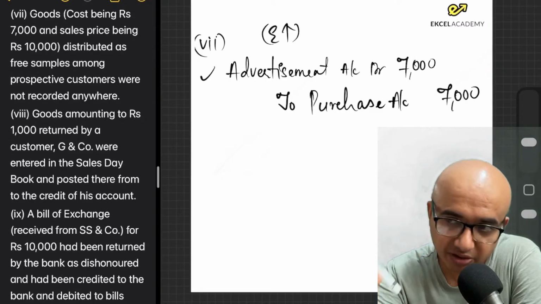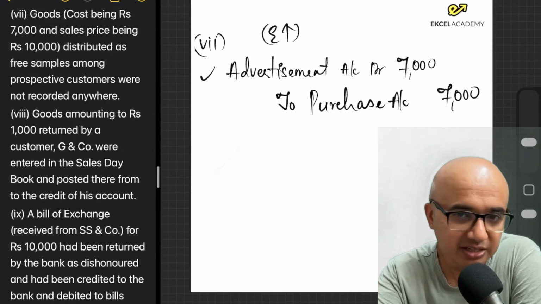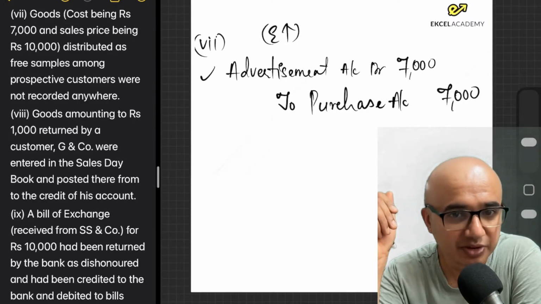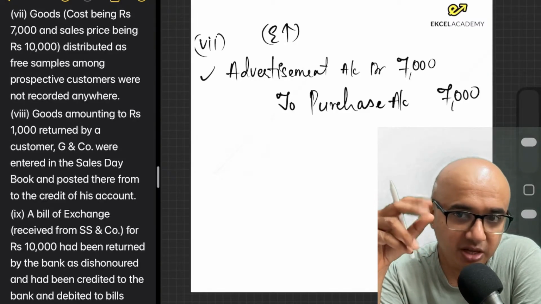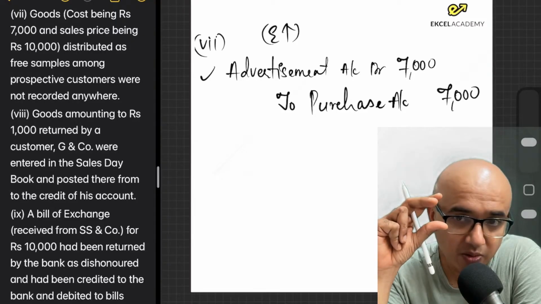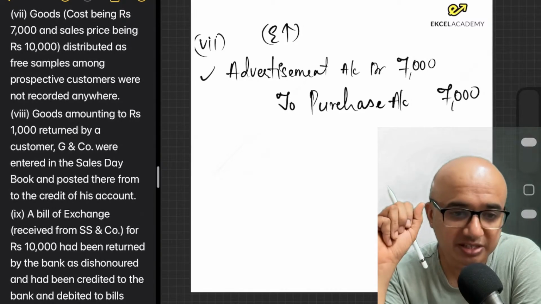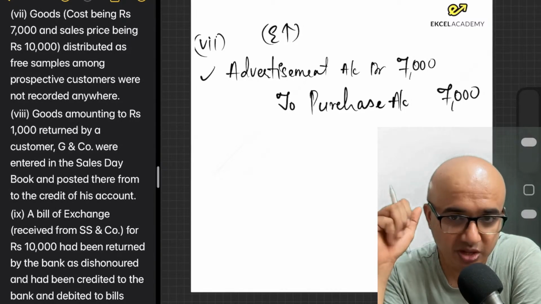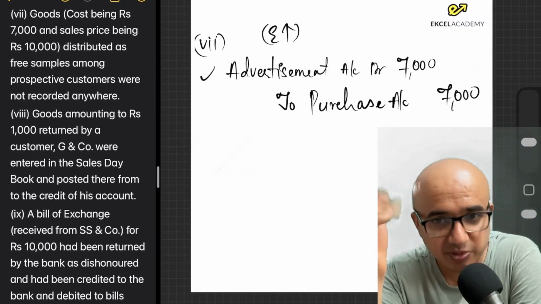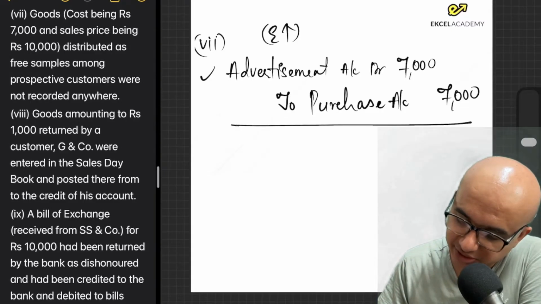Now we are removing goods from there and using them somewhere else, that is distributing them as free samples. So whatever you had purchased earlier has now come down. So you'll have to reduce purchases, you'll have to reduce the expense, and the expense rule is very clear. If there is any decrease in expense, we have to credit it. So this is the entry which they should have recorded.